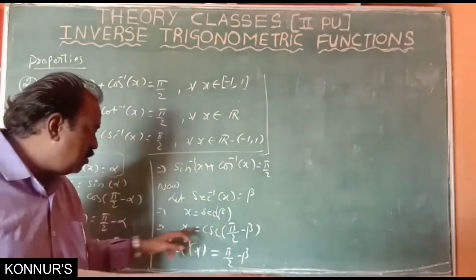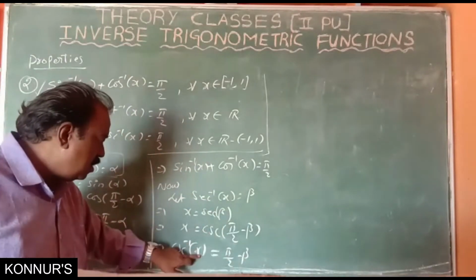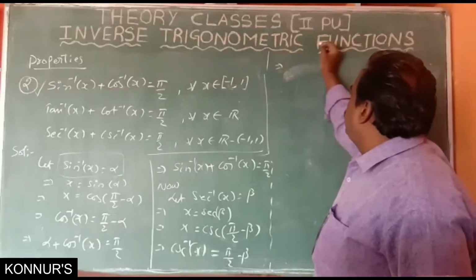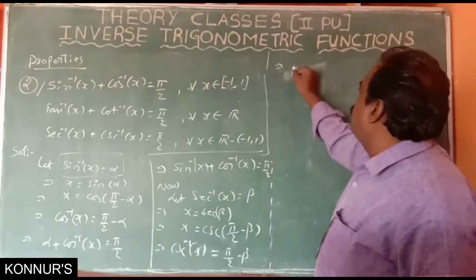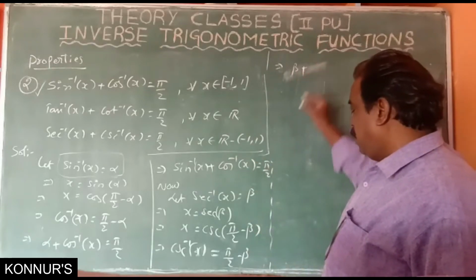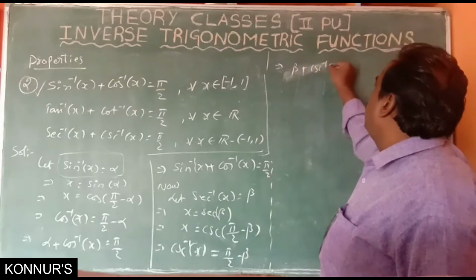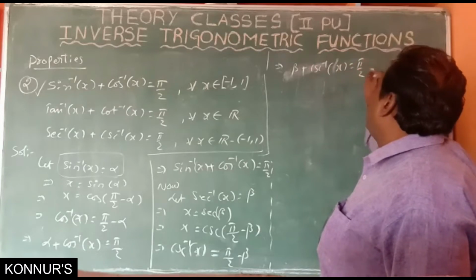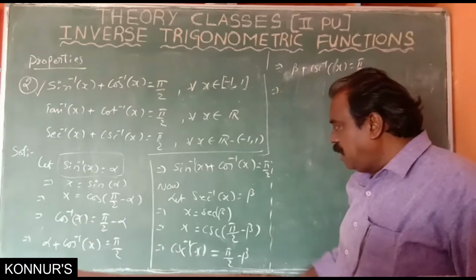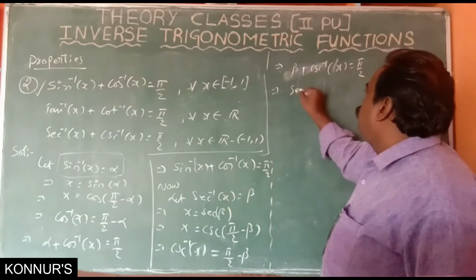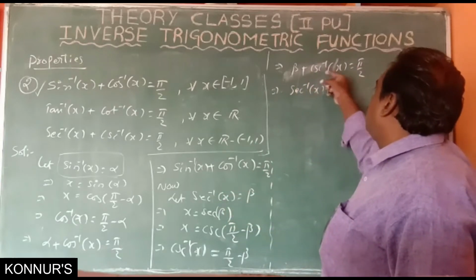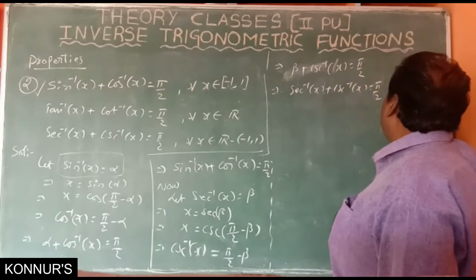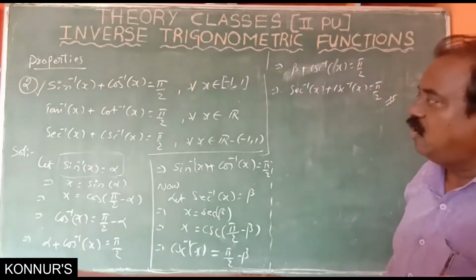Now cosecant is sent to this side: cosecant inverse x is equal to pi by 2 minus beta. Send this beta to that side: beta plus cosecant inverse x is equal to the remainder, pi by 2. What is beta in our assumption? Secant inverse x. So secant inverse x plus cosecant inverse x is equal to pi by 2. So it is also solved.